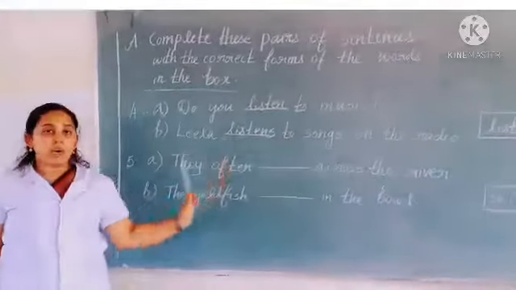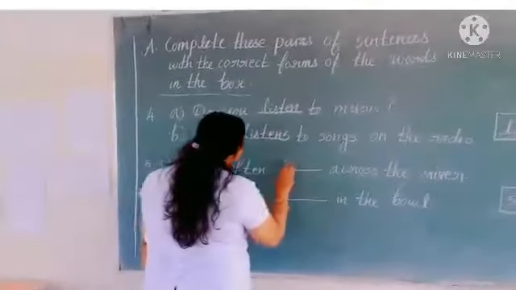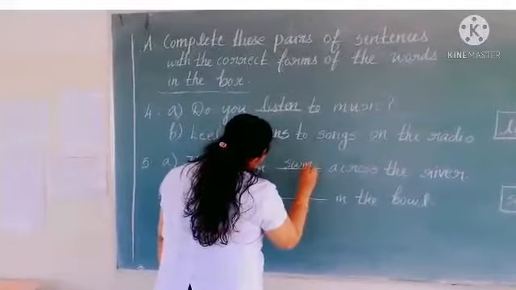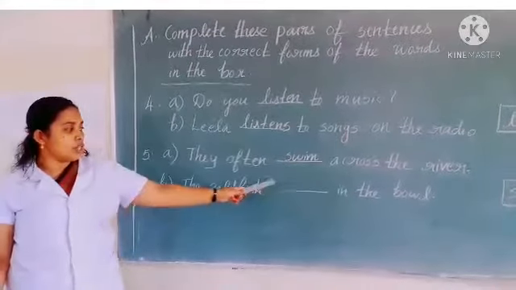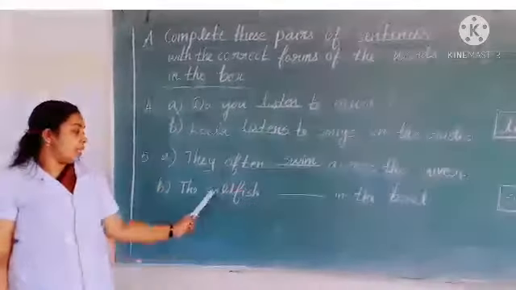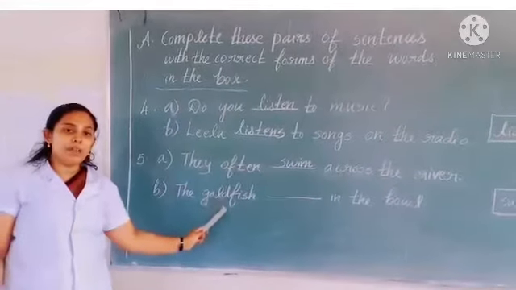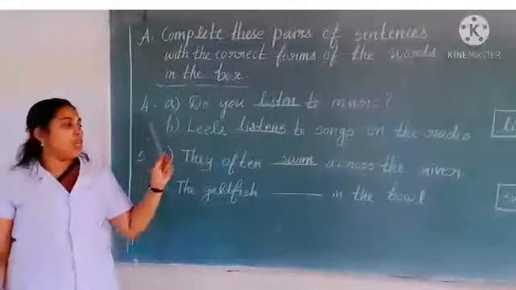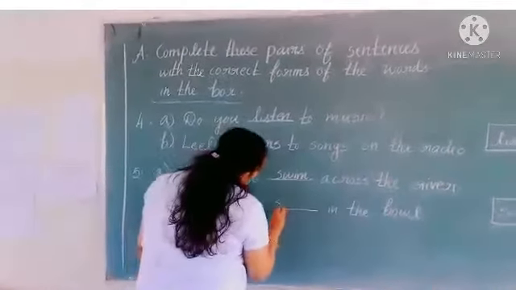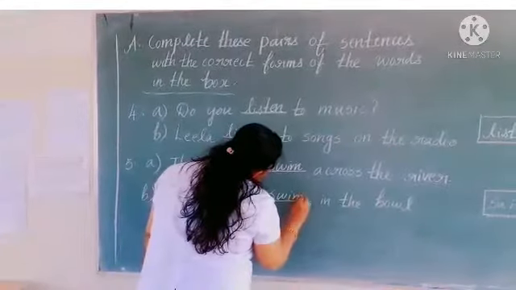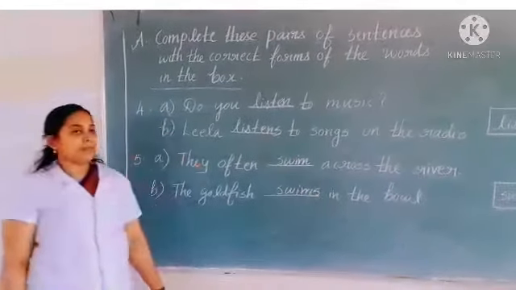So we can write only the verb, that is swim. They often swim across the river. B, the goldfish dash in the bowl. Here the noun is goldfish, only one goldfish. So we can add s with the verb, swims. The goldfish swims in the bowl.